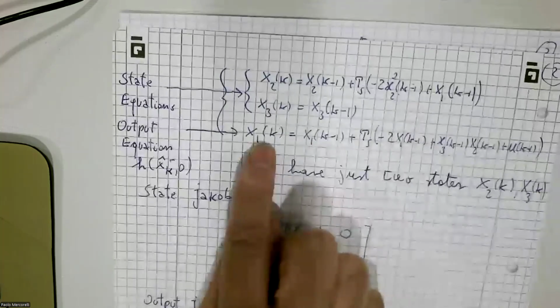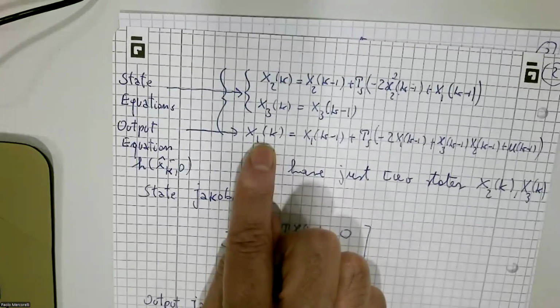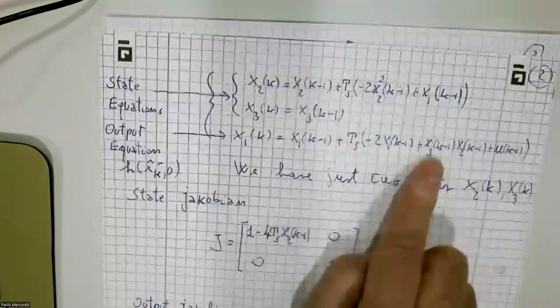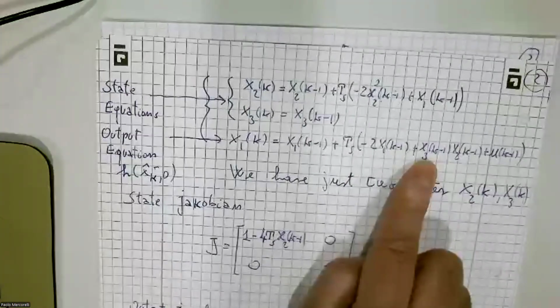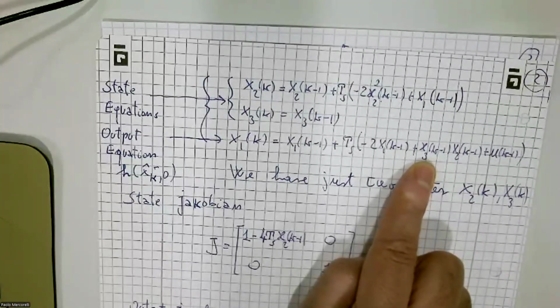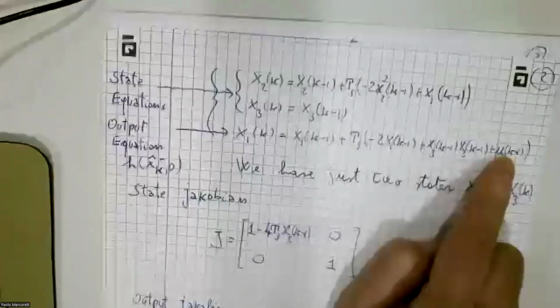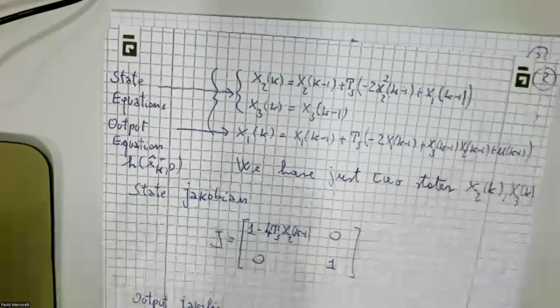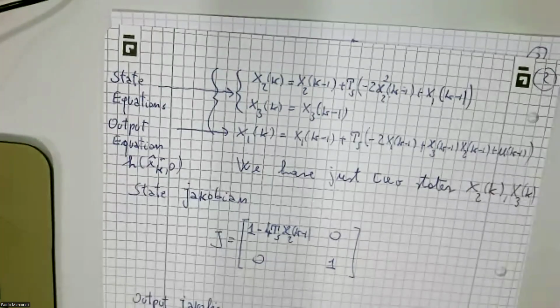We measure x1 because x1 is the output equation. This means we have this value here, this value here, this k. This came from the estimation, this came from the estimation, this came from the output of the control. Let me show you more concretely with Simulink MATLAB.